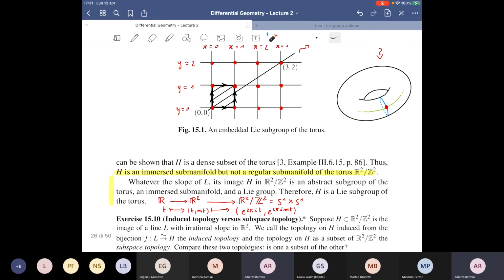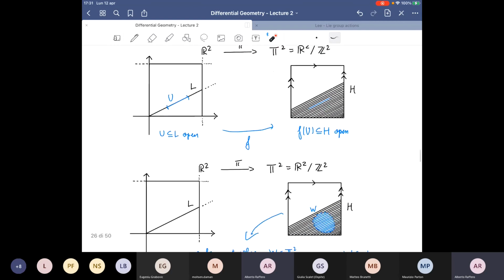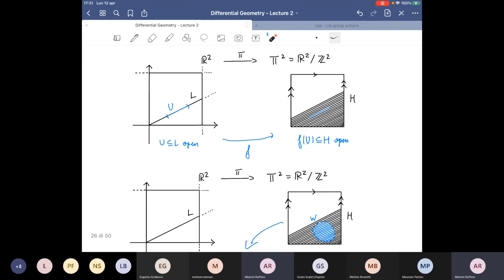This means that an open set will be the intersection of an open set of your ambient space with the subset you are considering. And you can appreciate it in this example here.